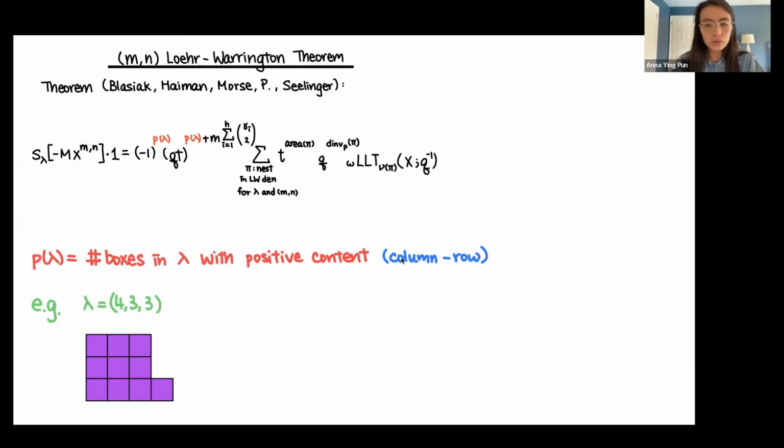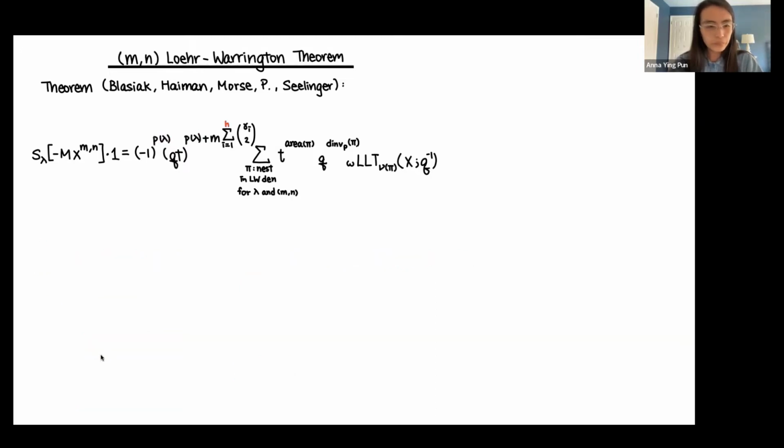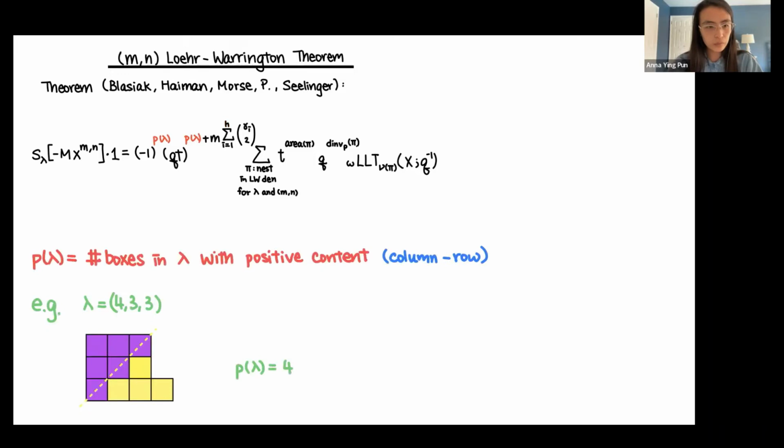Column minus row. How do you count that? Very easy. You just draw the diagonal and then count the complete boxes on the right. For example, for this box, the column is 2 and the row is 1, so 2 minus 1 is 1, which is positive.